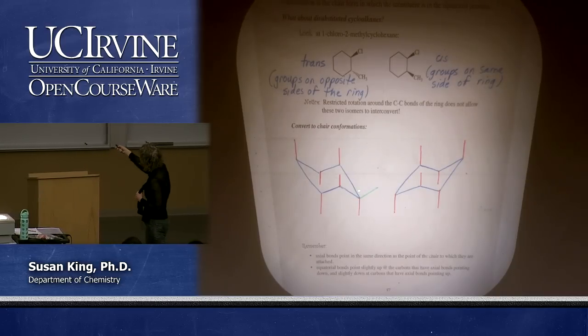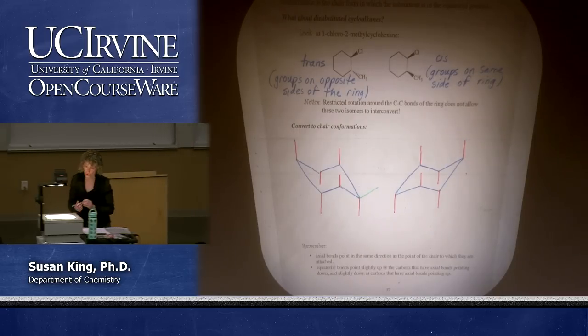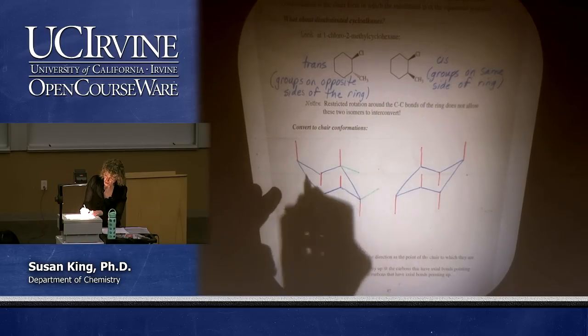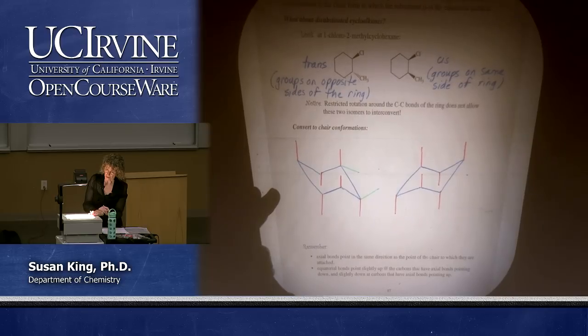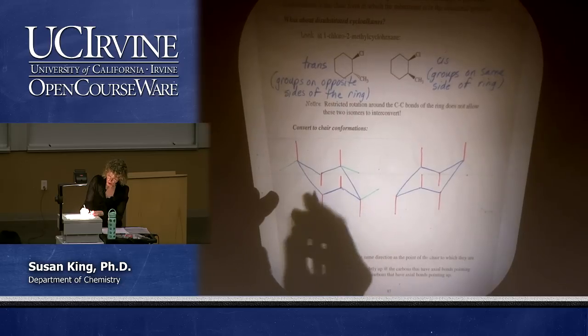It's not completely up. If you make your equatorials straight up and down like that, you would get the whole problem marked wrong. So that's a no partial credit thing. All right, so this one here is the mirror reflection of that bond. It's also parallel to that one here. And likewise, we're going to go all around.